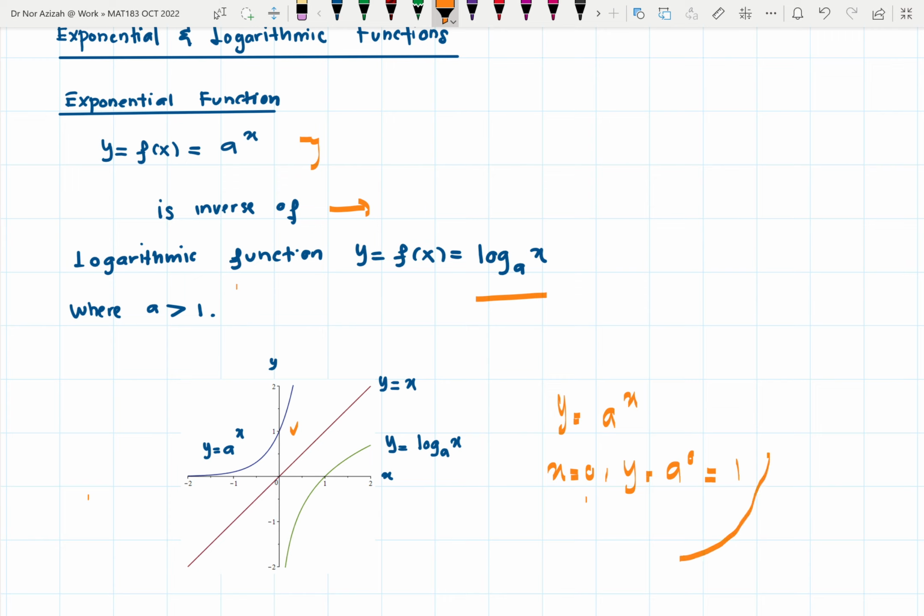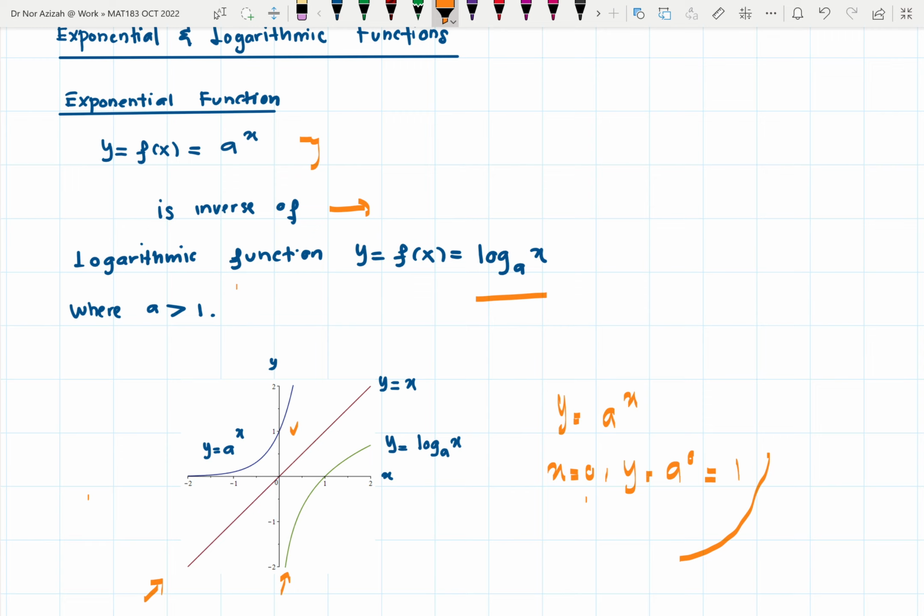Since the exponential function y equals a to the power of x is the inverse of the logarithmic function, you can draw the graph. The axis of symmetry is y equals x.